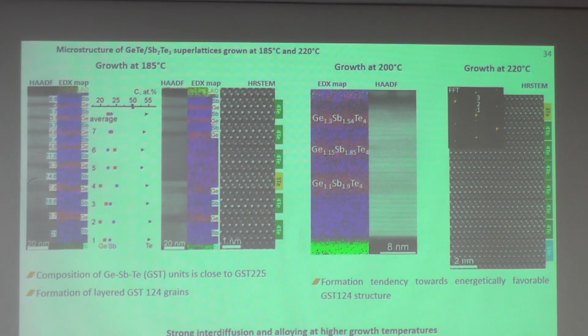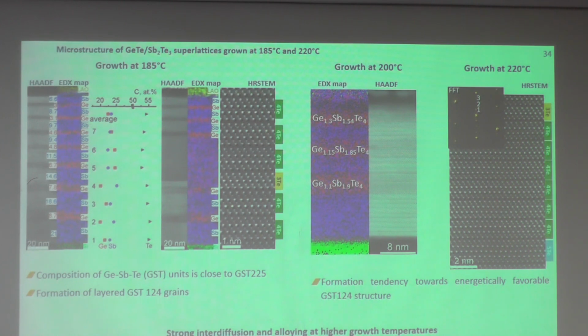And if we reproduce the structure which was published in the literature, also by using very thin films of germanium telluride and antimony telluride, here are the EDX maps. They show that the layers inside are fully intermixed.